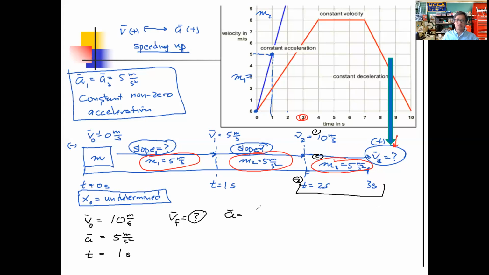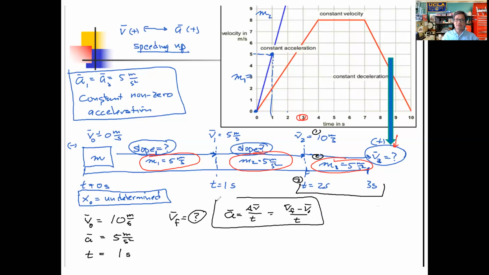The formula for acceleration tells us that the change in velocity over the time interval, which is V final minus V initial all over time, equals acceleration. And if you notice here, there's V final, which is what we're solving for. There's V initial, which is what we have right here. There's the time interval, which we've indicated right here, and the acceleration is given to us right there, okay? So this is the formula that we will need.